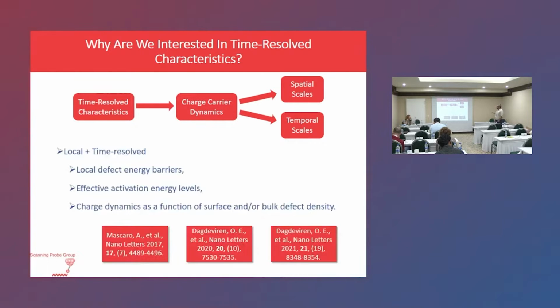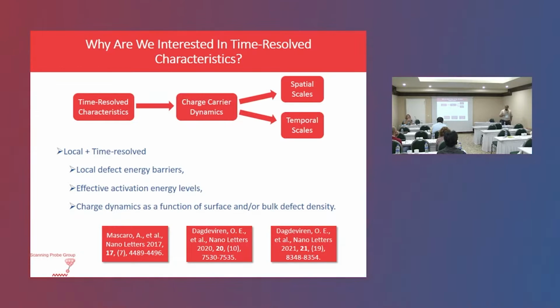By measuring these two, we can reveal local defect energy barriers, which may be of interest for spin-based materials, and effective activation barriers, which is the effective activation barrier for one vacancy or one charge carrier to move from one spot to another. And we can look at these properties as a function of surface and or bulk defect density.